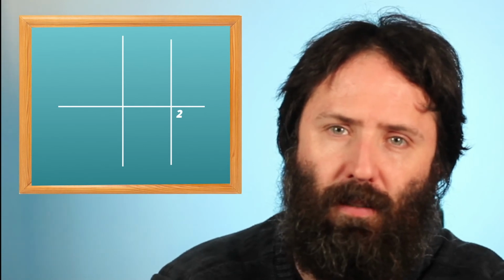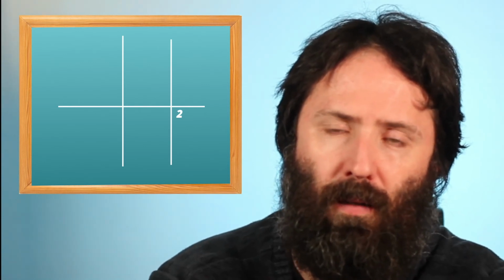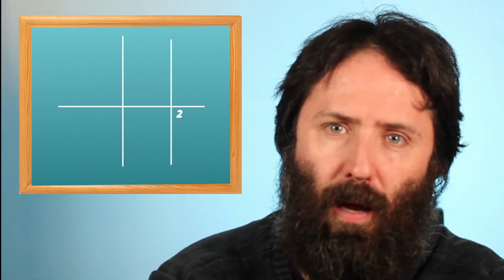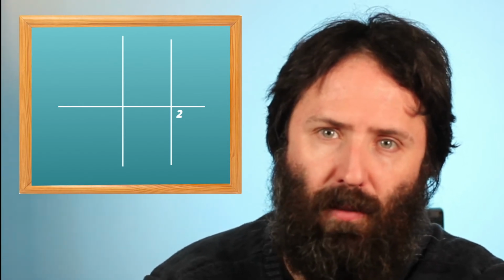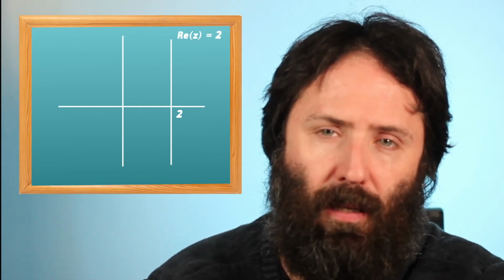Just like in a Cartesian plane, I can plot curves on the Argand plane, and then think about what that means in terms of complex numbers. For instance, here I've got the vertical line going through x equals 2. That's representing any complex number that has real part 2, in other words, Re z equals 2.